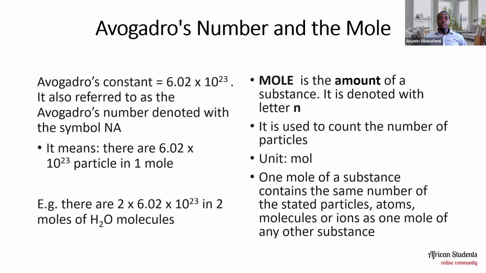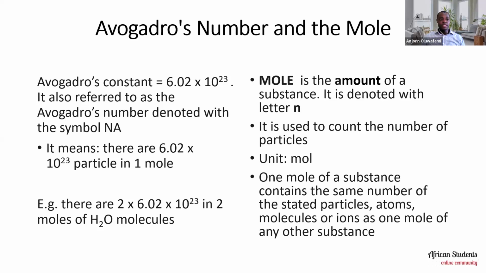So that's that. It's pretty straightforward. If it is 4 moles, it is 4 times 6.02 times 10 to the power 23, and so on and so forth. So another concept that is important is the mole, and the mole is defined as the amount of a substance. Yes, that's the mole.